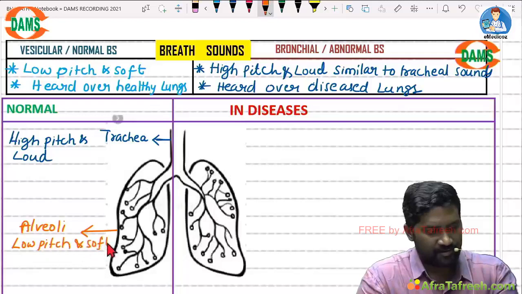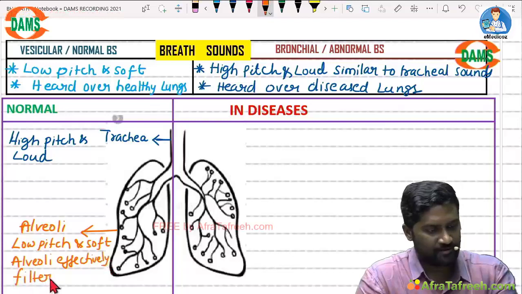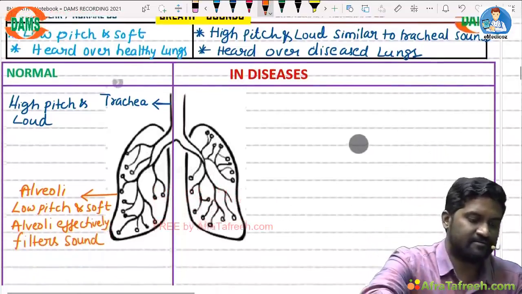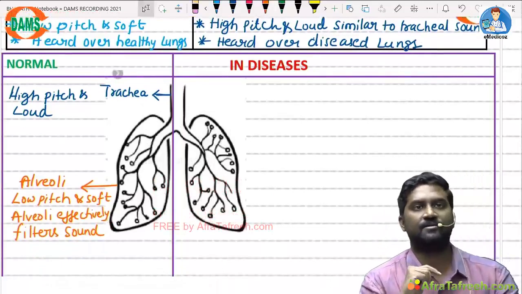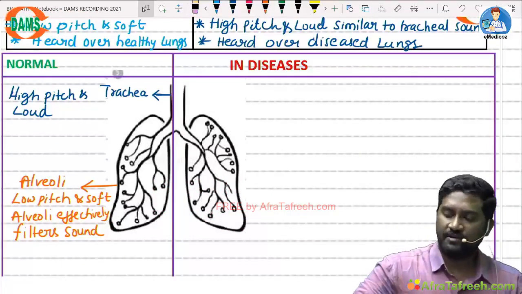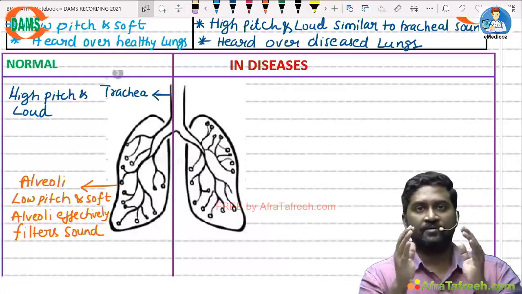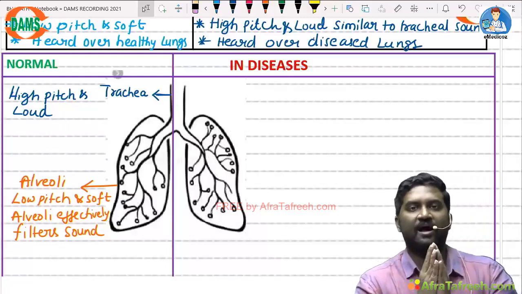The most important reason is that alveoli effectively filter sound. Now what is the logic behind this? Your trachea is a large central airway.